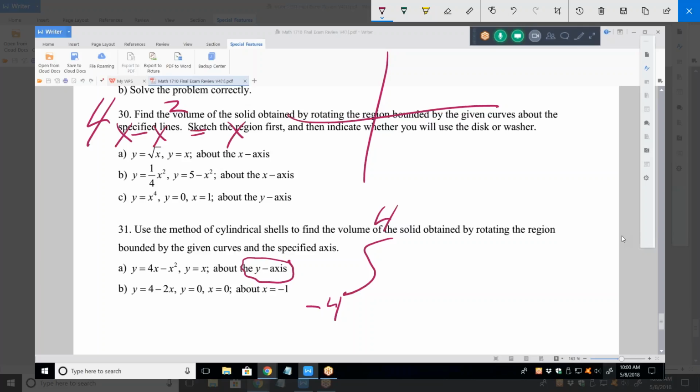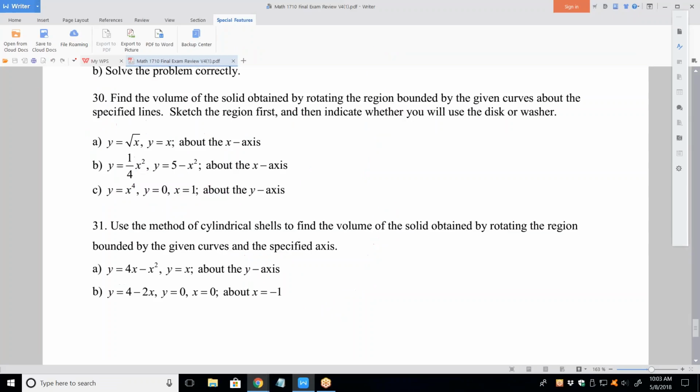Well, that means 3x has to equal 0. How did Wolfram Alpha get 2 on this?